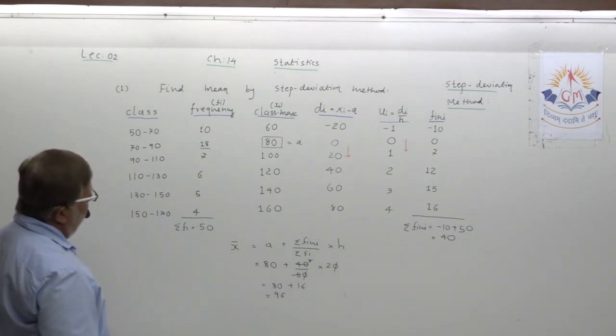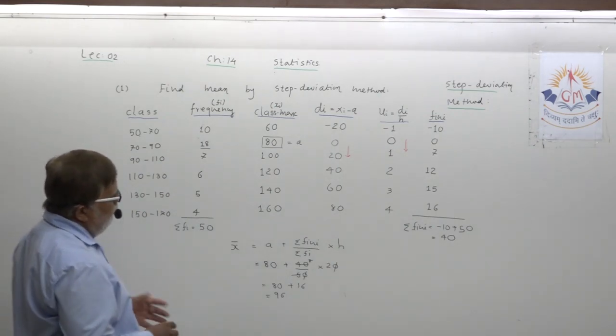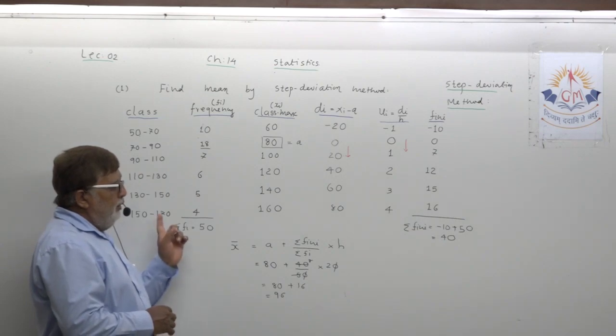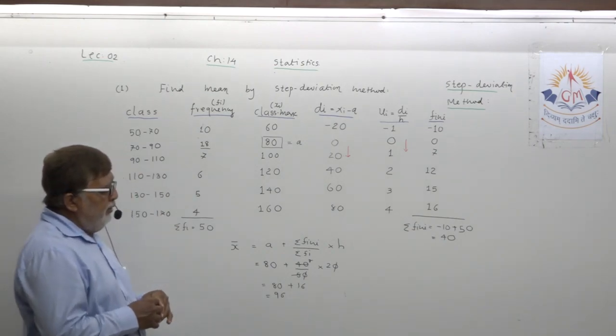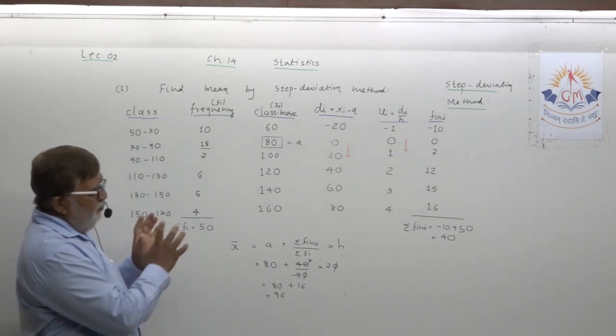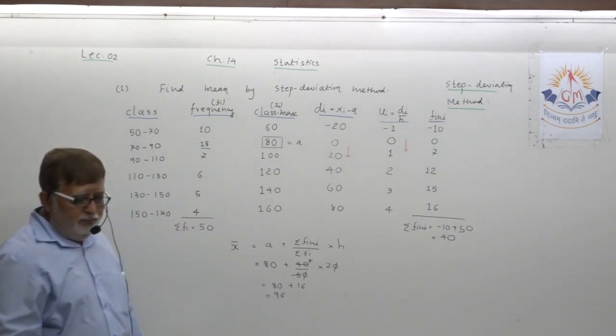Understand? Before we move to another example consisting of some variate data, just verify the columns here.